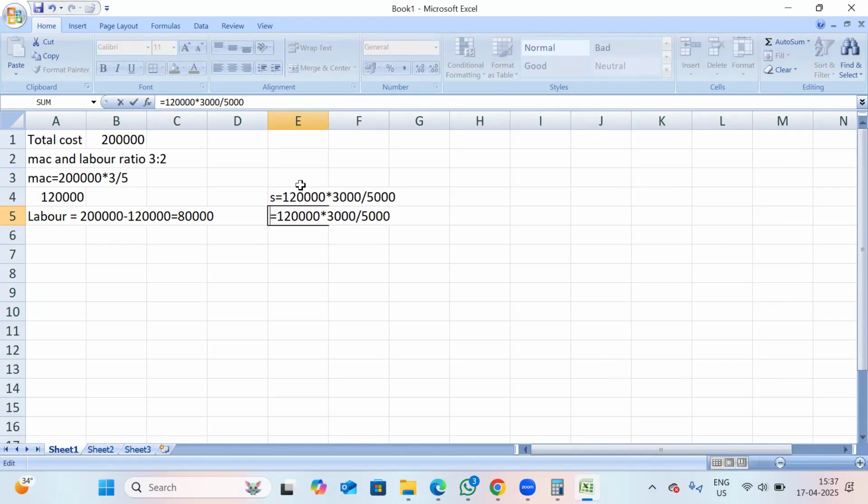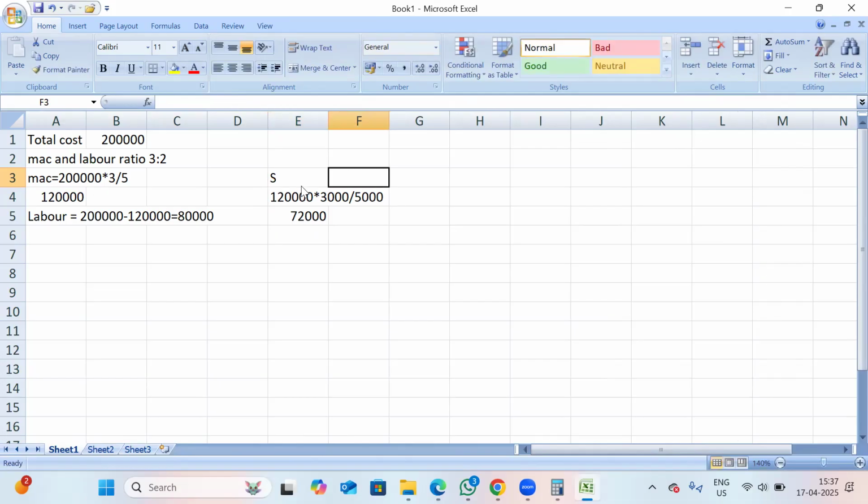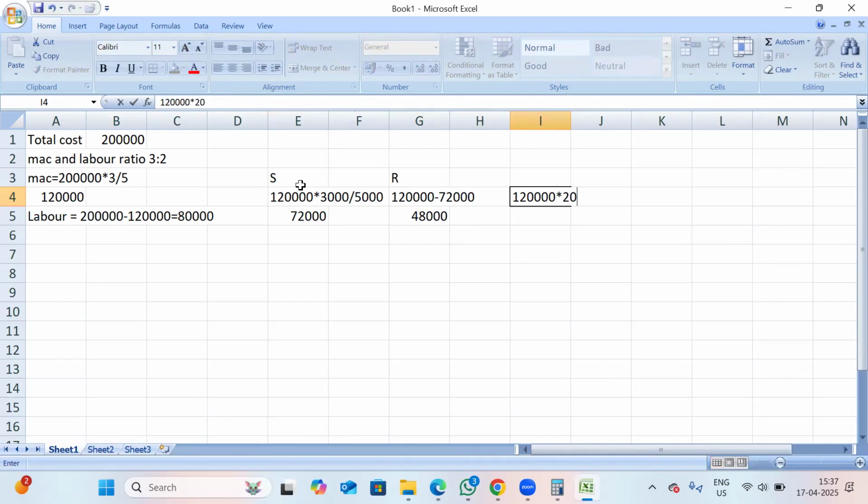So for S we have 72,000, and the remaining will be for R. For R it will be 1,20,000 minus 72,000, or else you can calculate 1,20,000 into 2,000 by 5,000.